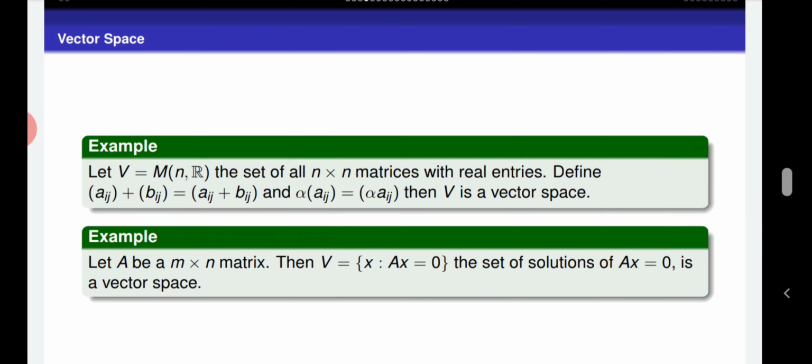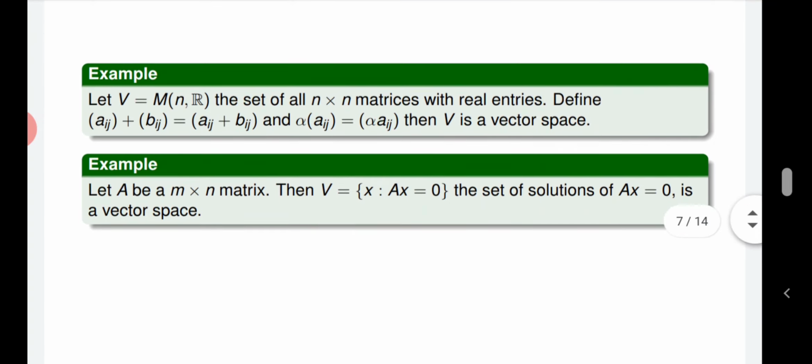Then V is a vector space. Another example is, let A be an m by n matrix, then V is equal to the set of x such that Ax equal to 0, the set of solutions of Ax equal to 0, is a vector space. It's a very important example, kindly note this one.